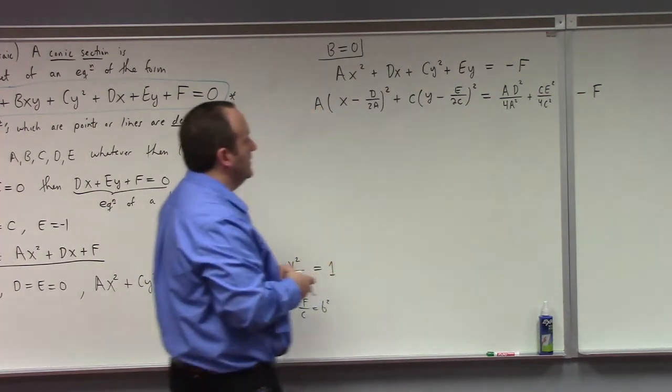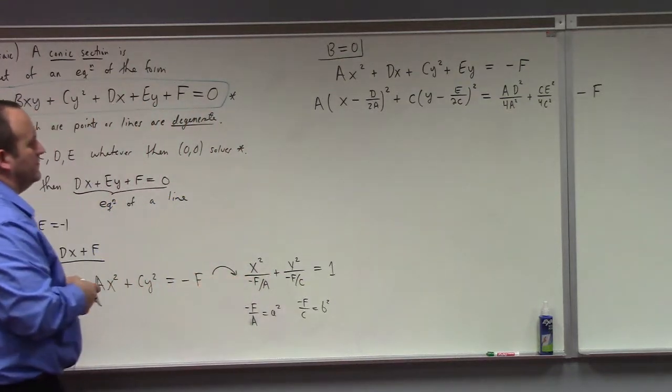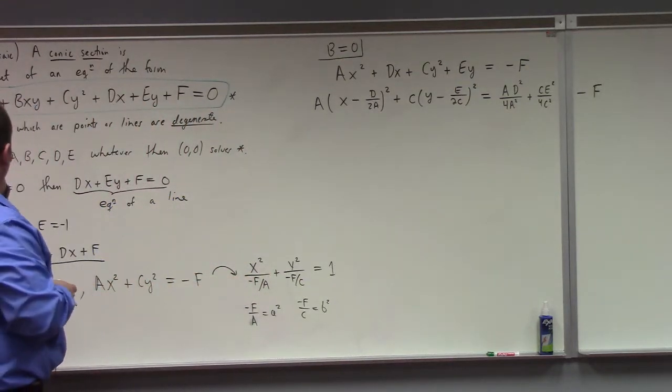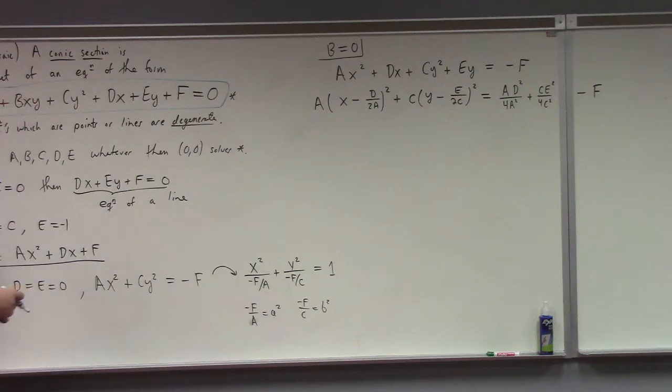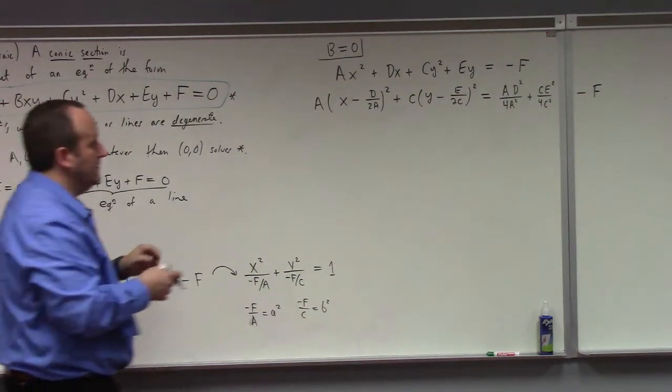All right. So okay, well, great. What about b then? What if b is non-zero? Then what should we do? I would argue pretty much the same thing.